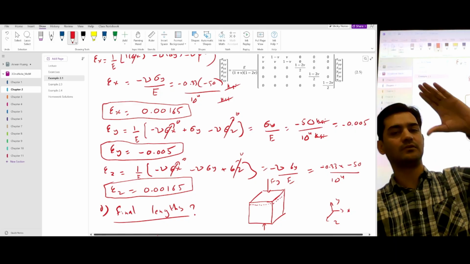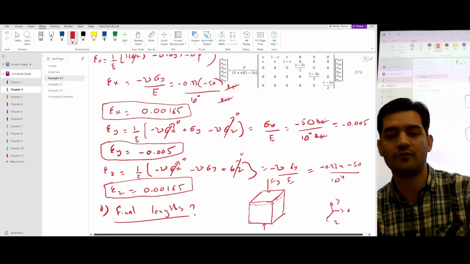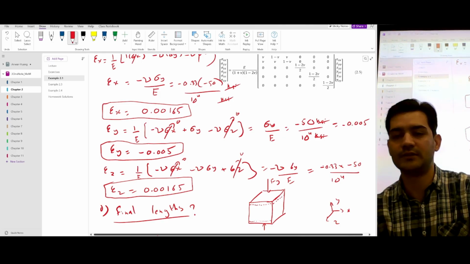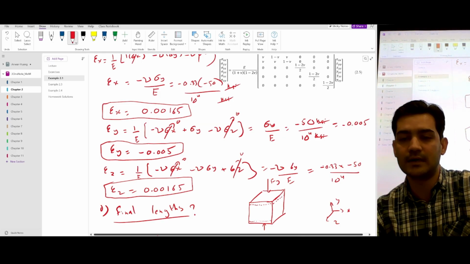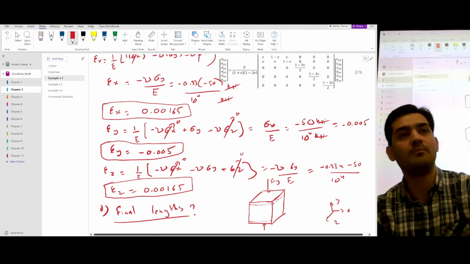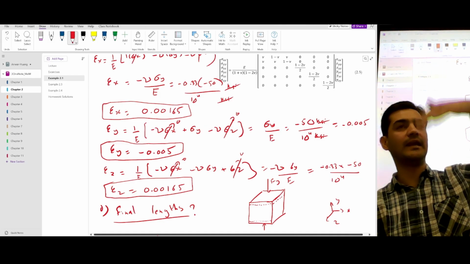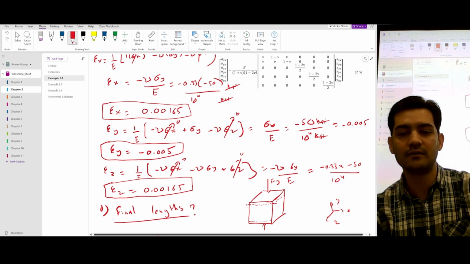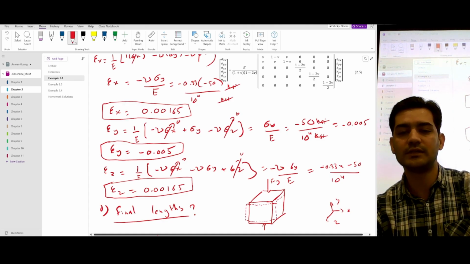It's going to compress along the direction where force is being applied, but it's going to get extended where force is not being applied. So you're going to see something like that.